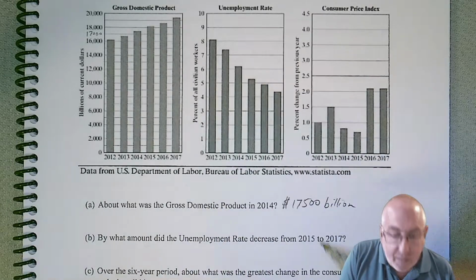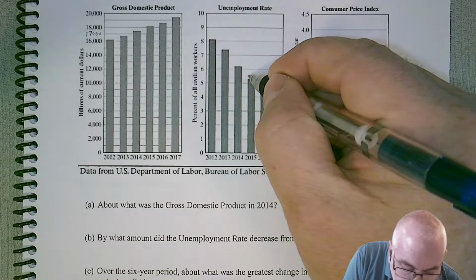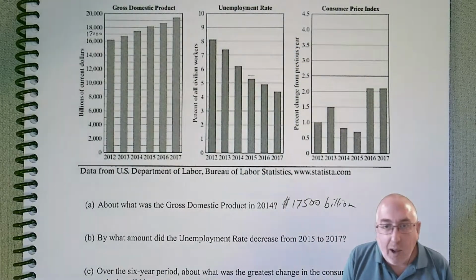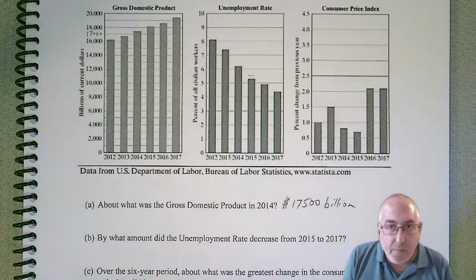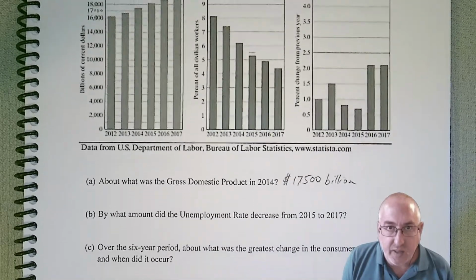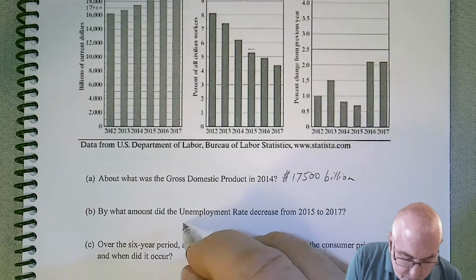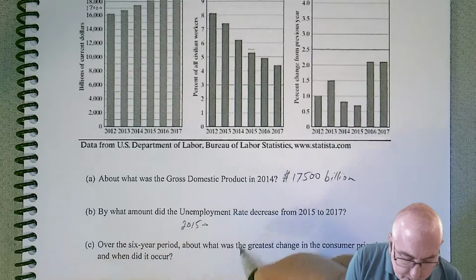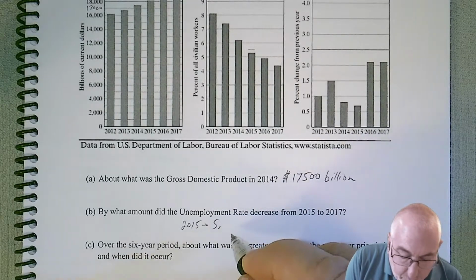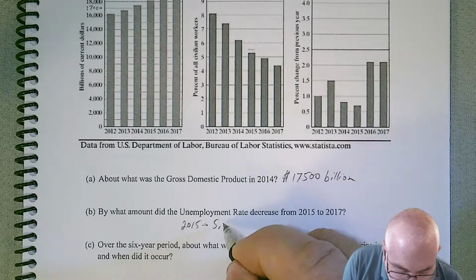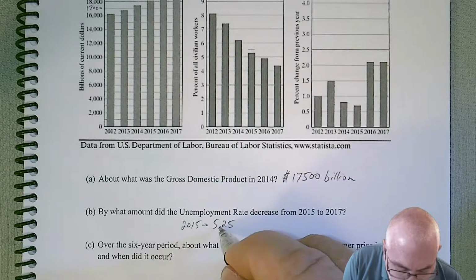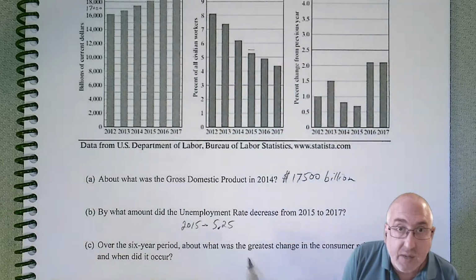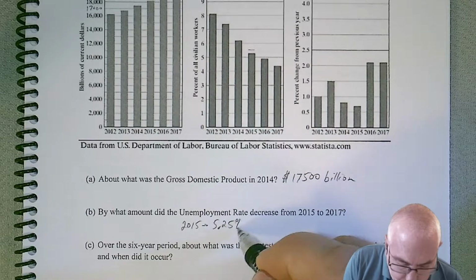I mean, 5.5 would be right about here, and so it's below that. You could put a variety of answers for that one. But in 2015, I'm going to split the difference, 5.25. And looking at the side, percent of all civilian workers, so percent.